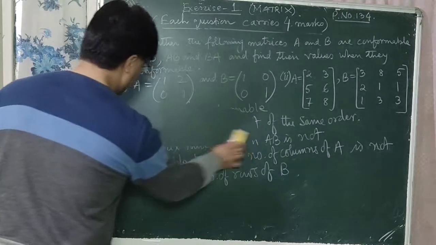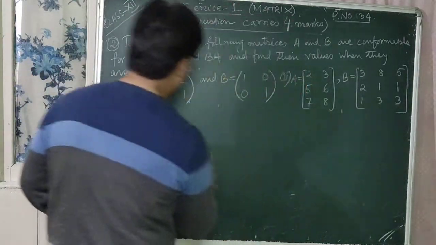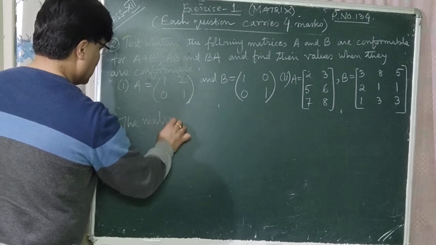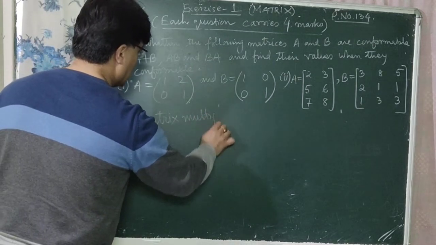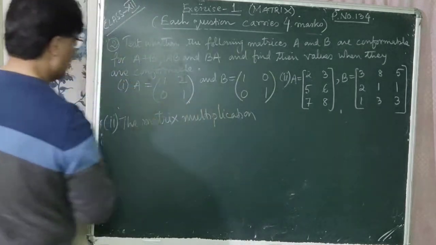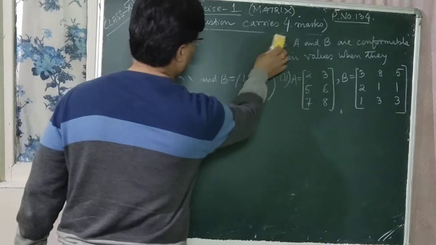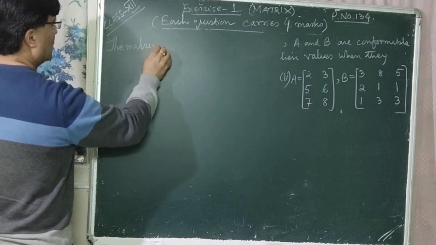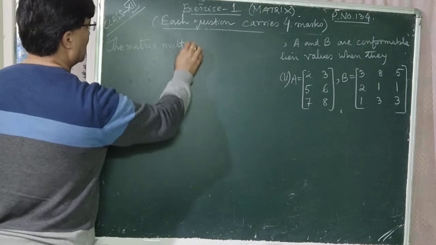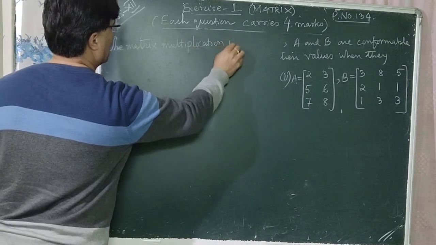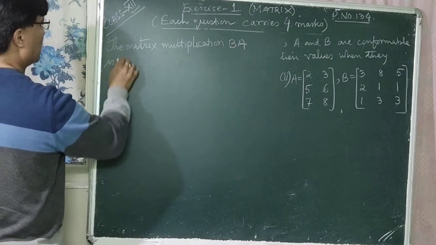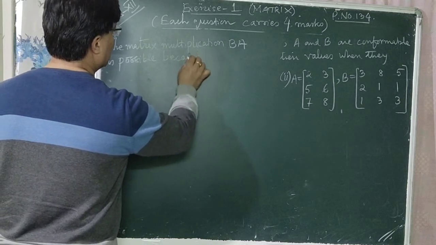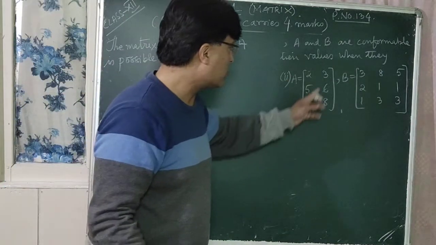Okay? So for this number 2, I'll write here, the matrix multiplication BA is possible, or you may write is conformable, because what is the number of columns of B?